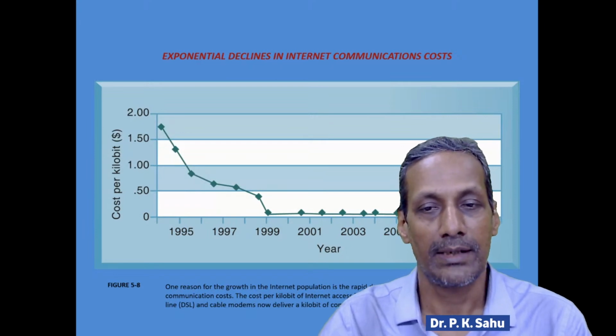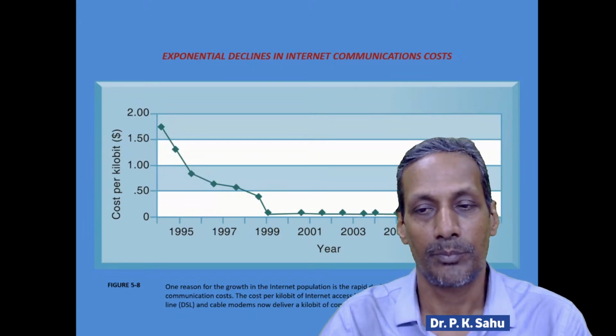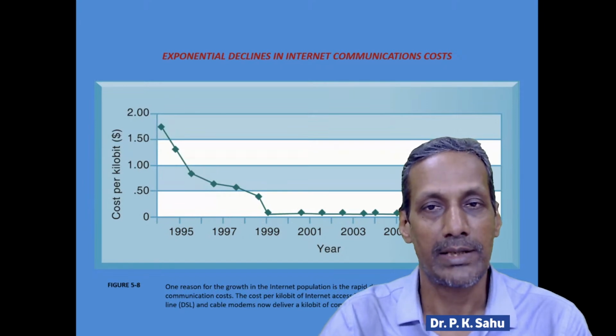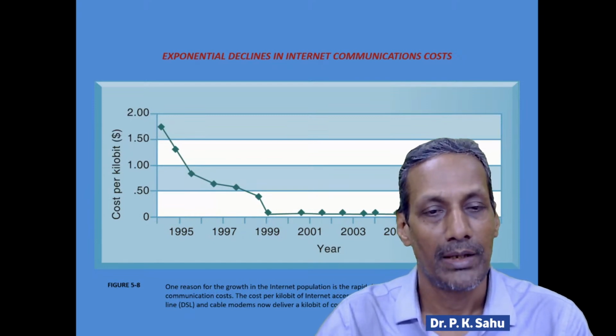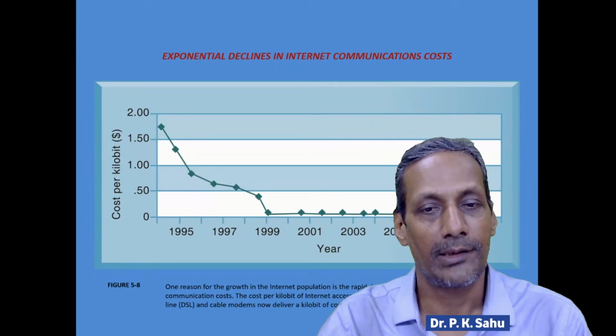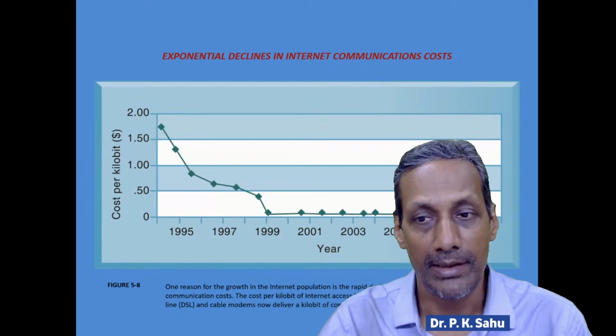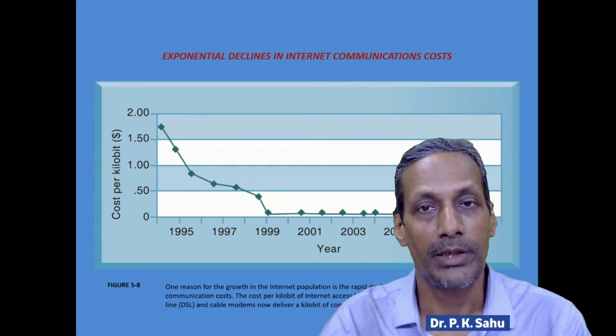With the popularity of advanced hardware and software, there has been an exponential decline in the storage costs, the network costs. And one reason that we can attribute to the growth in the internet population is the rapid decline in internet connection and overall communication cost, which is coming down exponentially.